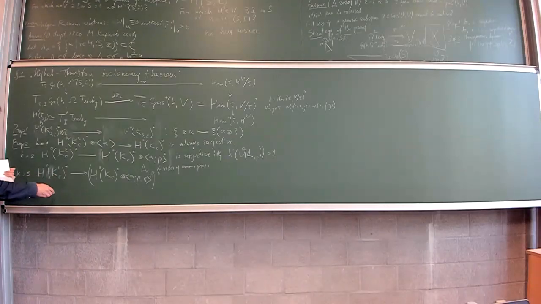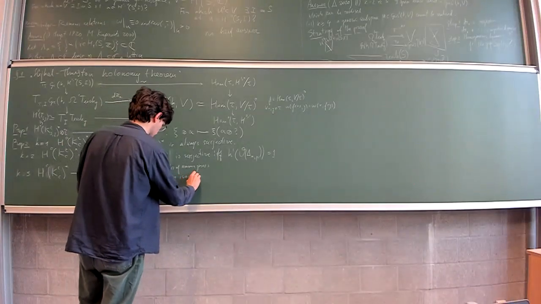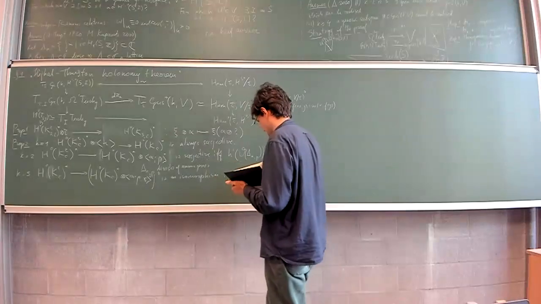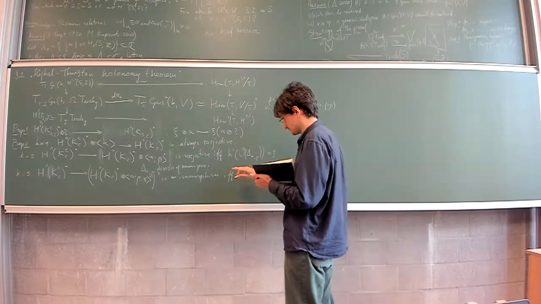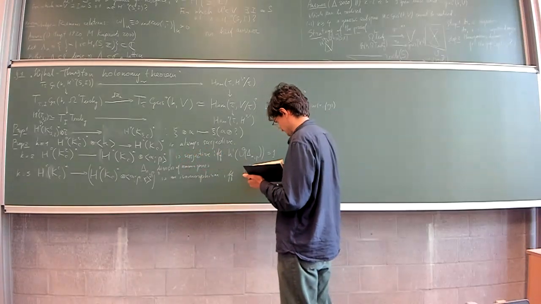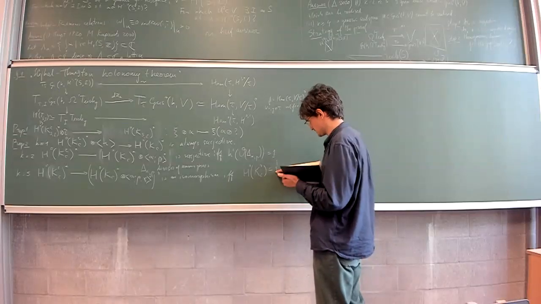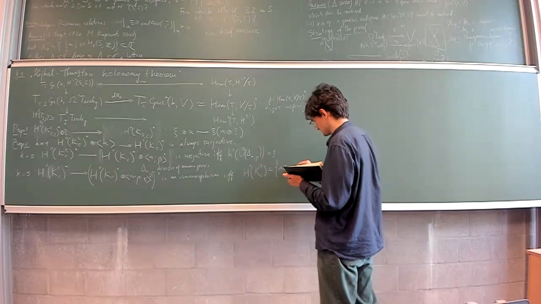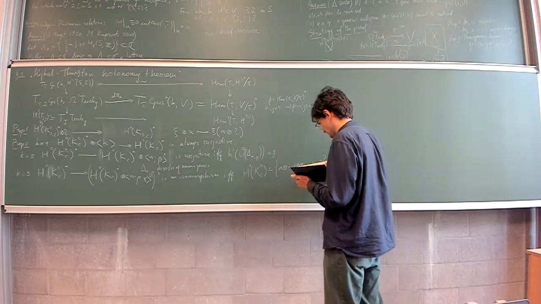So if it is surjective, then it is an isomorphism if and only if all the quadratic differentials can be represented as monomials of the form alpha times something plus beta times something plus gamma times something.